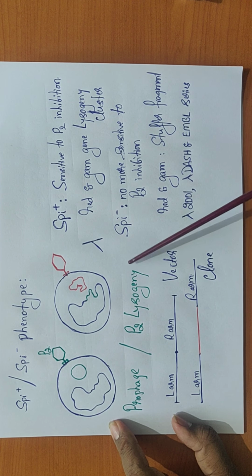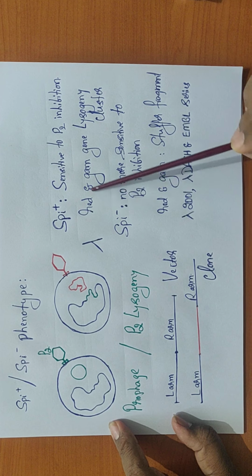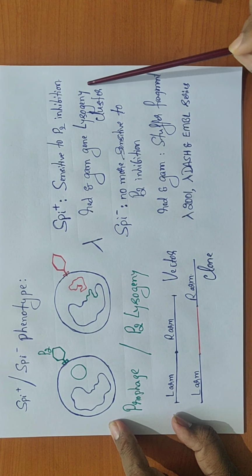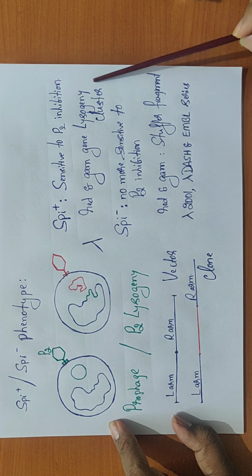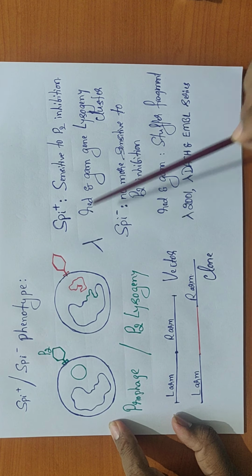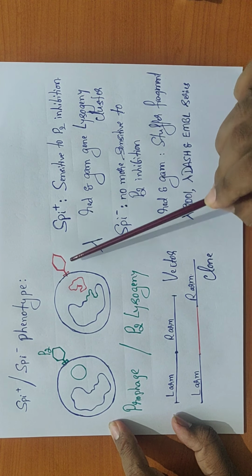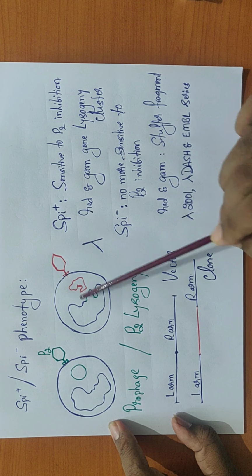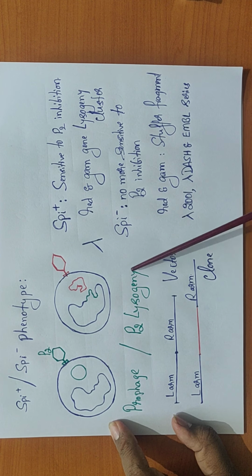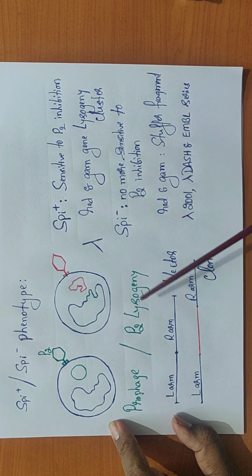Then they removed this RED and GAM gene from the lambda DNA. When they repeated this experiment, in the absence of RED and GAM gene, the lambda DNA will infect the P2 lysogeny host into the lytic cycle.